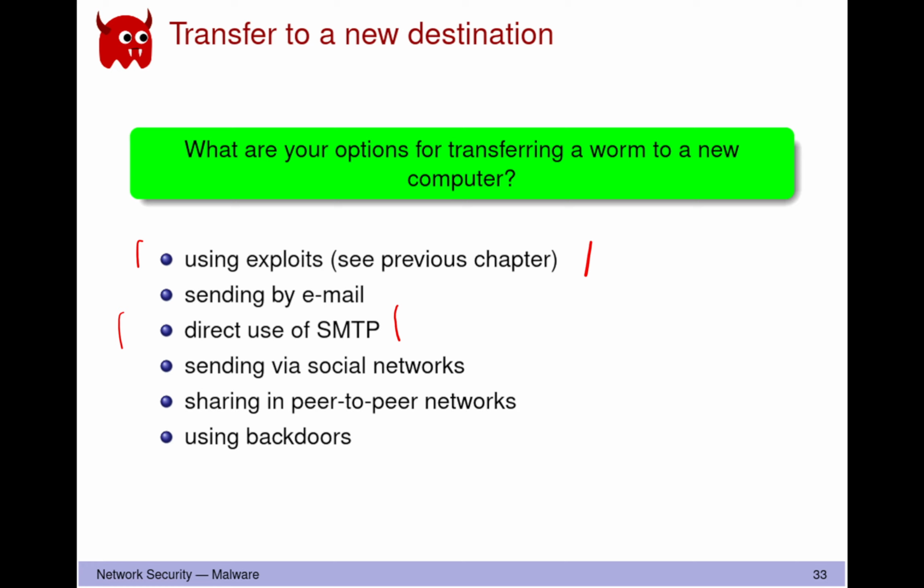Peer-to-peer networks, not too popular anymore, but that would also be one option to set up some kind of file sharing service that you're not really aware of, and then provide access to that worm-infected file, claiming it's a popular title. Using backdoors is a little bit less common.